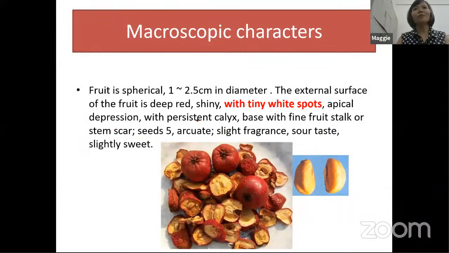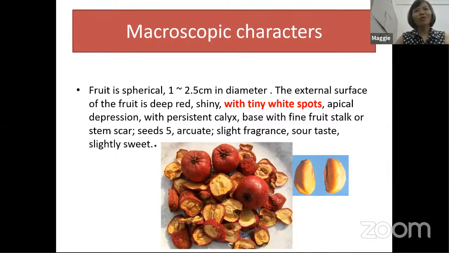So, the macroscopic characters of the fruit. We talk about the characters from which items: the first one is shape, size and color, texture, fracture, odor and taste.